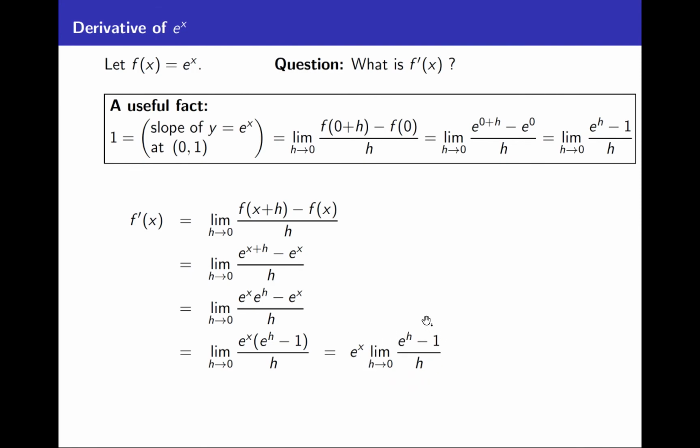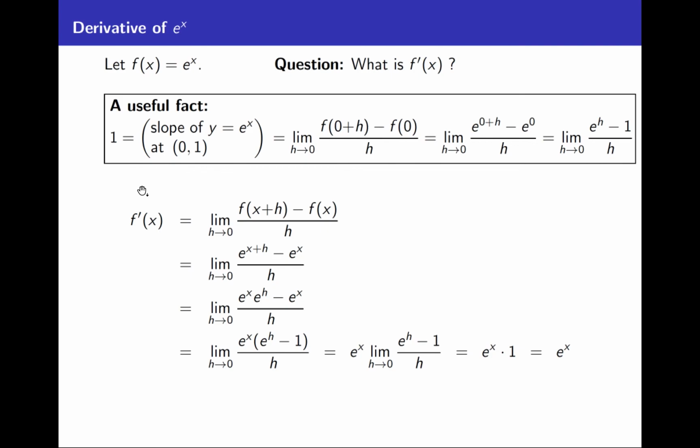So we get this limit here that's exactly the limit that we have up here that we said was equal to 1. So in working out our f prime of x now, we get e to the x times the value of this limit. That's e to the x times 1, and that's just e to the x. So there we have it.